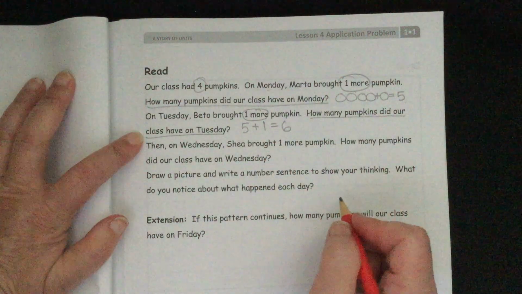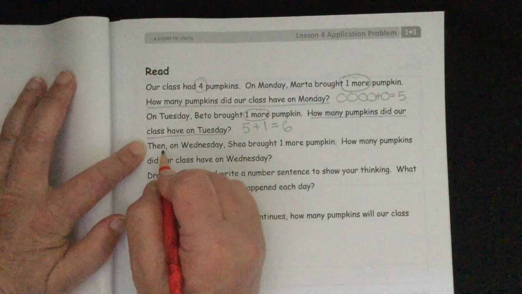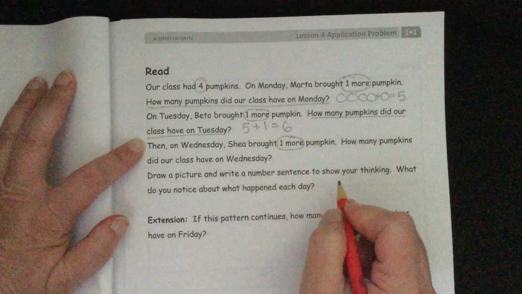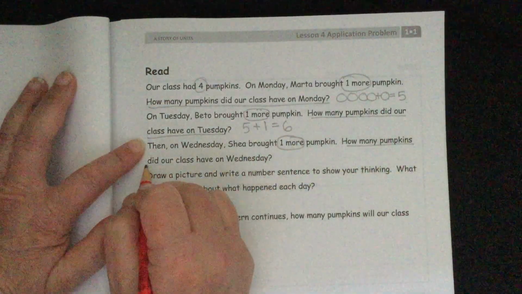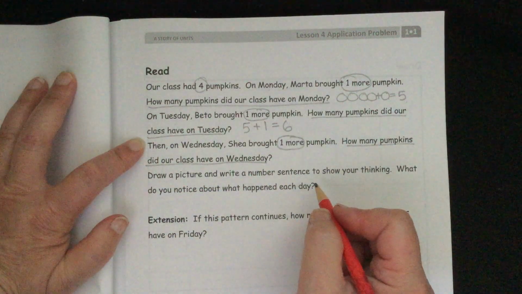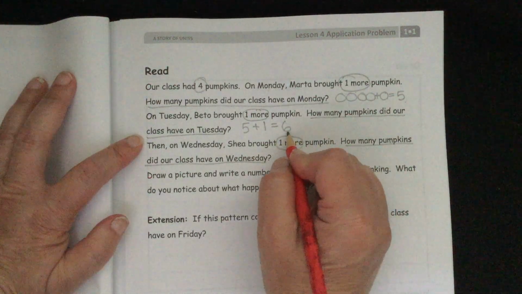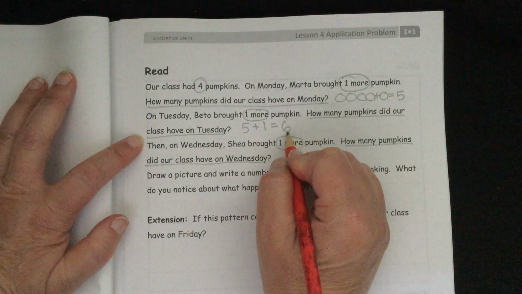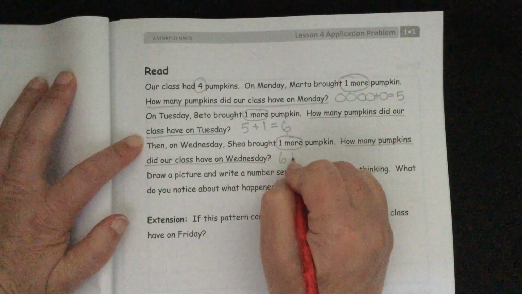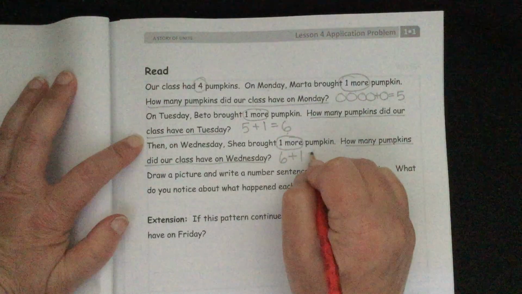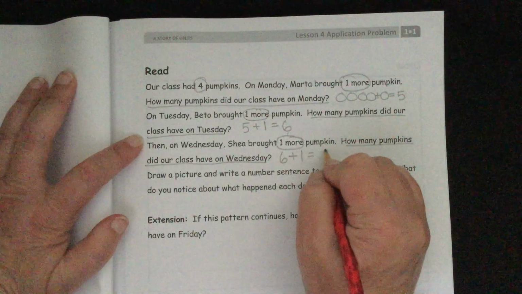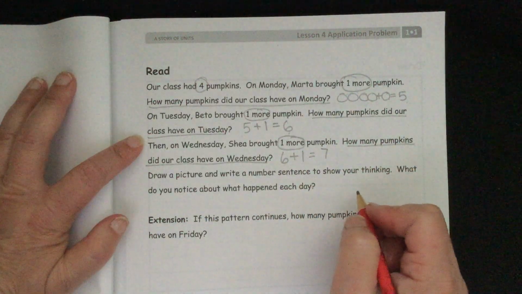So 6 pumpkins for Tuesday. Then on Wednesday, Shia brought 1 more pumpkin. How many pumpkins did our class have on Wednesday? We have to go back to Tuesday. At the end of Tuesday, we had 6 pumpkins. So we have 6 plus 1 more that Shia brought. If we count on, we have 6, 7 pumpkins on Wednesday.